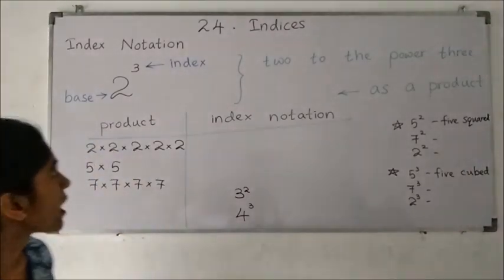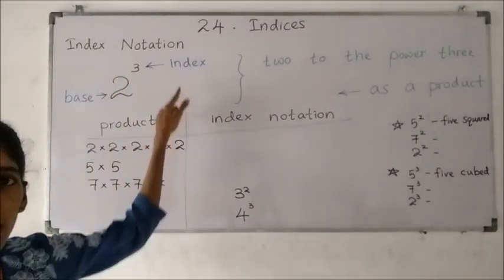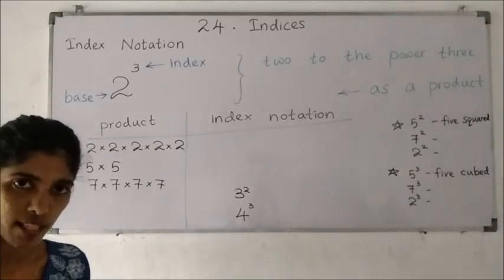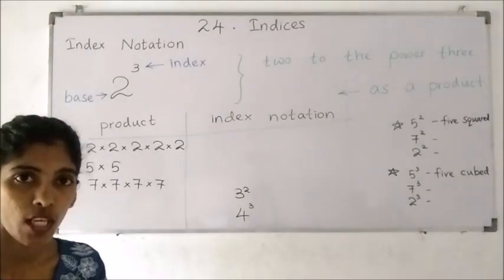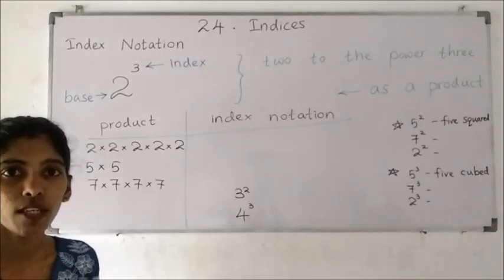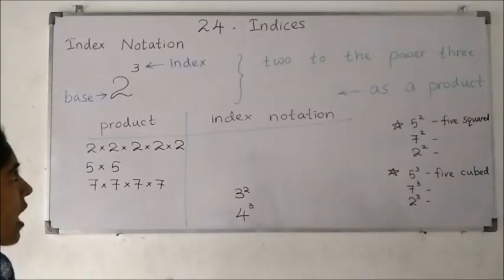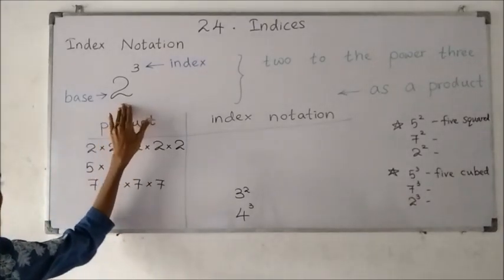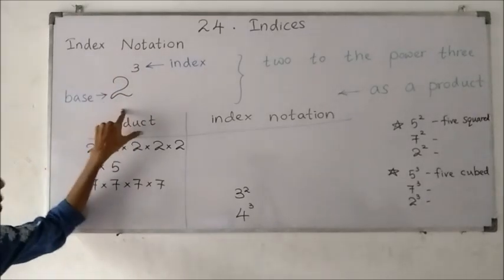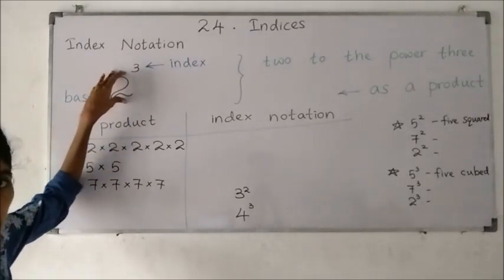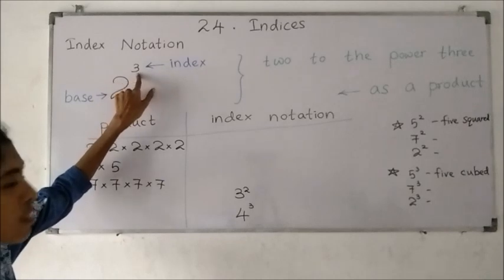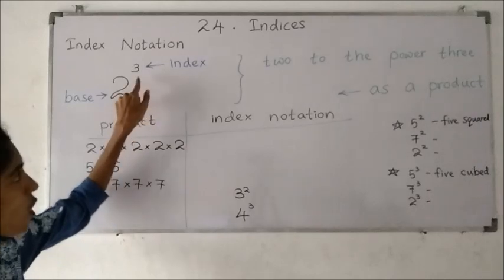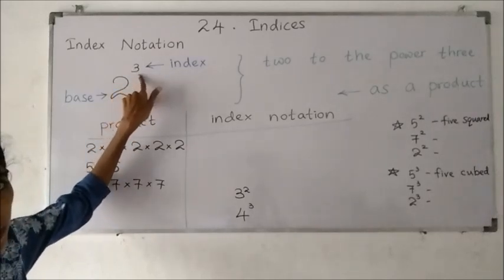Here I have given you one example. This is the way we write indices. When we write a fraction, we draw a line in the middle. When we write decimals, we keep the decimal point in the middle of the number. In the same way, in index notation, one number is written down as usual, and another smaller number is written at the top right side of it.